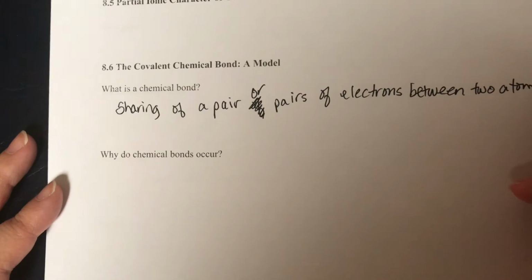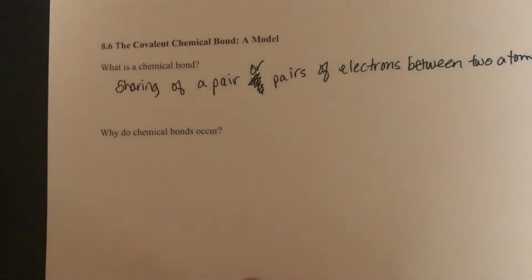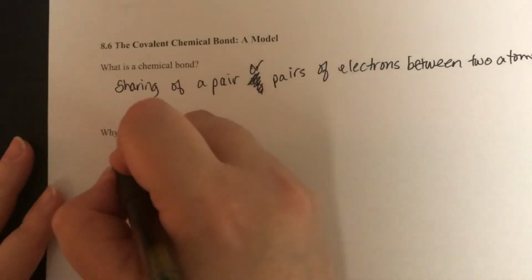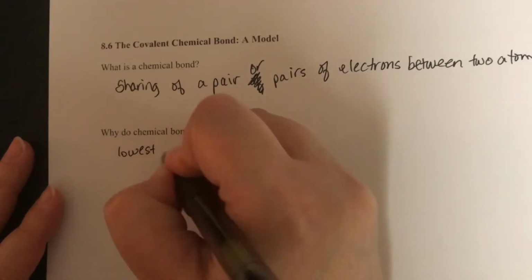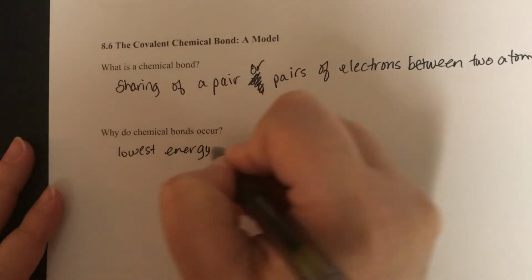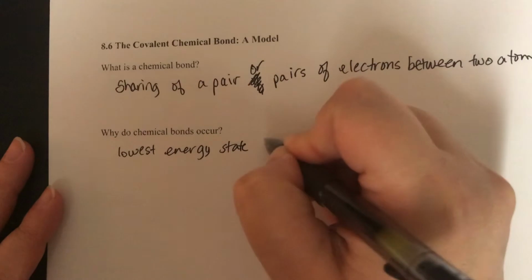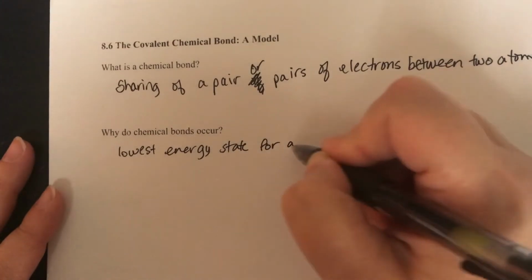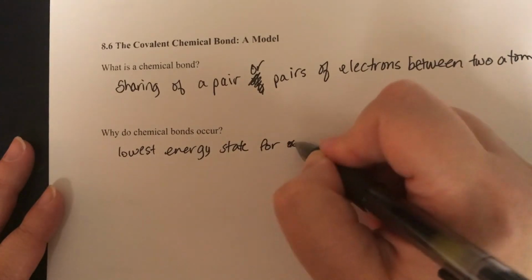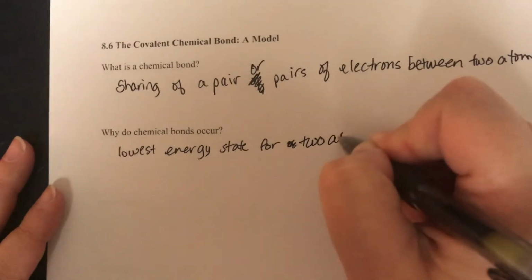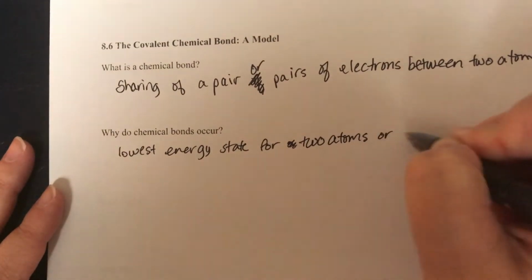And why do chemical bonds occur? Chemical bonds occur because it is the lowest energy state for two atoms or a group of atoms.